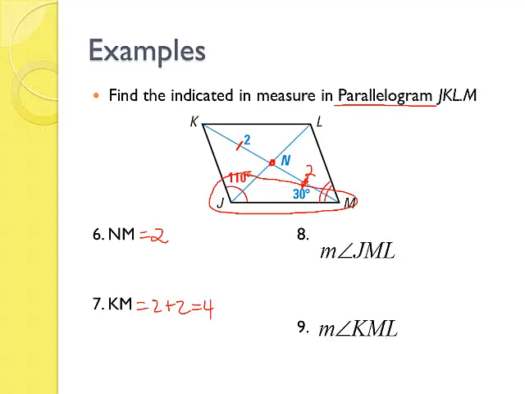That means that they're going to be supplementary. So again, we can say 180 degrees minus 110, because that's the angle that we know, equals the measure of angle JML. So that's 70 degrees. Equals the measure of angle JML.